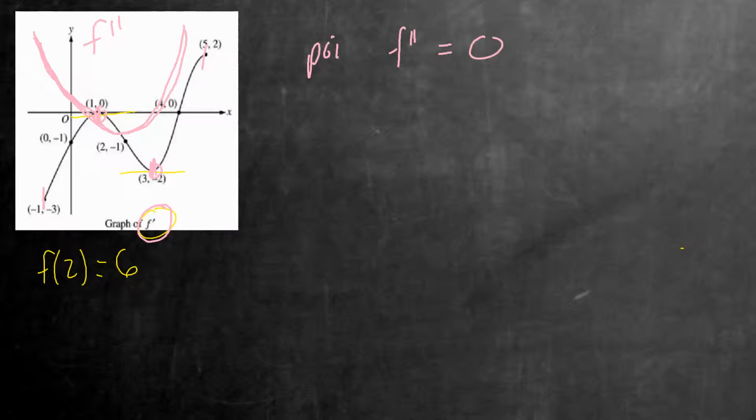So we found 2 of those. Point of inflection at x equals 1, because f double prime goes from greater than 0 before it to less than 0 after. And again, it happens at x equals 3 for the same reason.